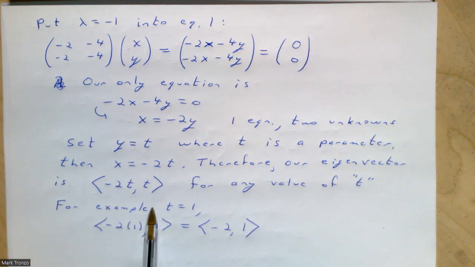So again, any scalar multiple of an eigenvector is itself an eigenvector, as we said before.